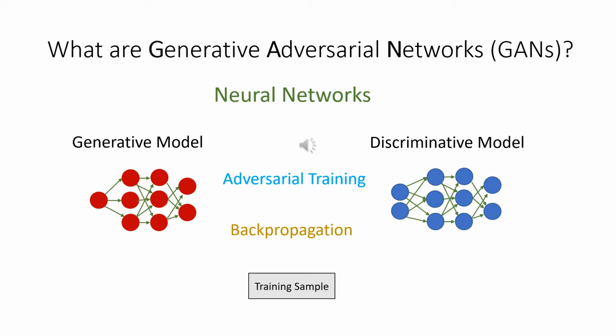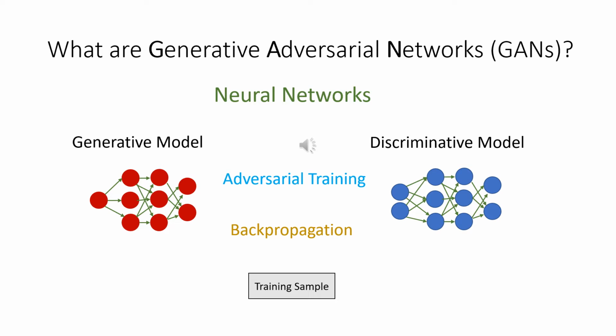So, in a GAN, one neural network learns to generate data similar to a given training data set, and the other calculates the probability the generated data is fake.